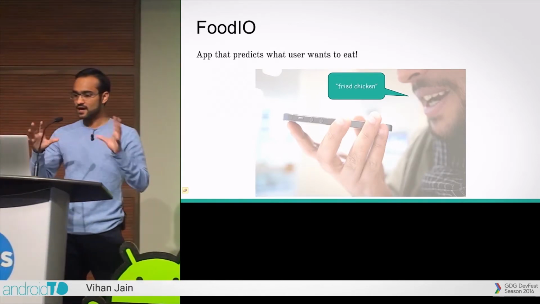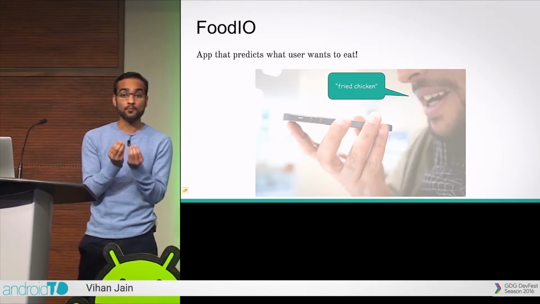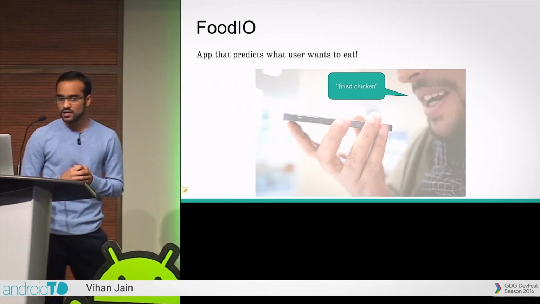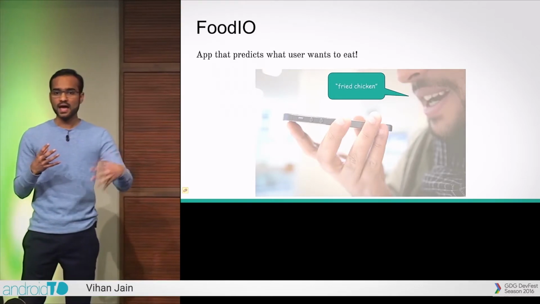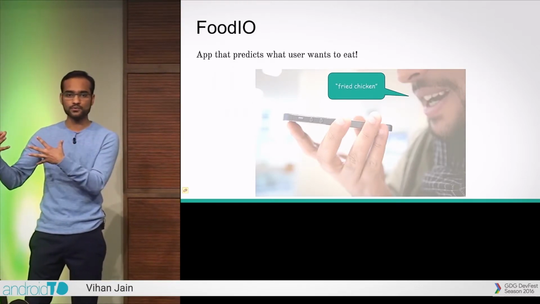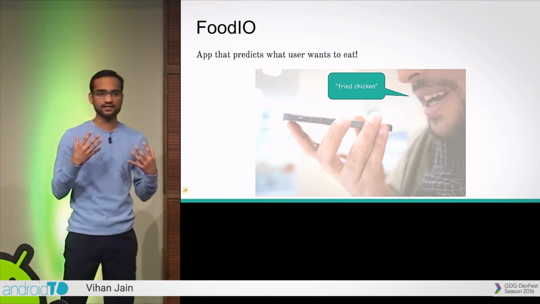So let's see how you would go about designing a machine learning model for this problem. Your input is the user query, and the model would predict the top 5 food items. So you would have to start with some training data.